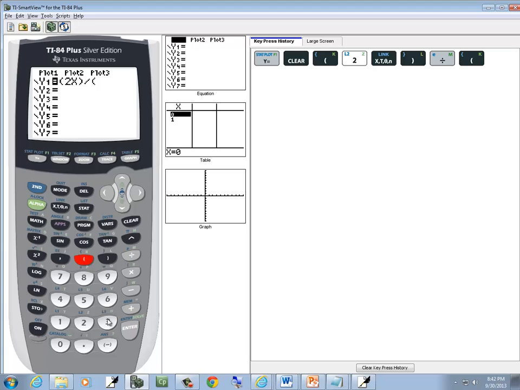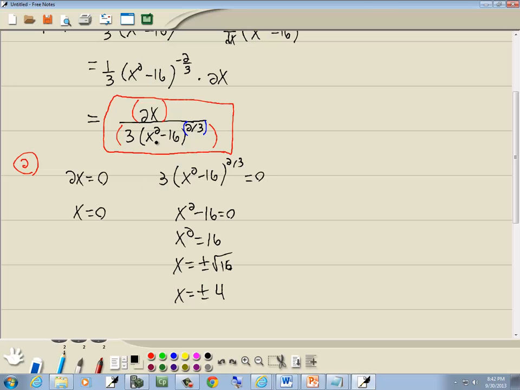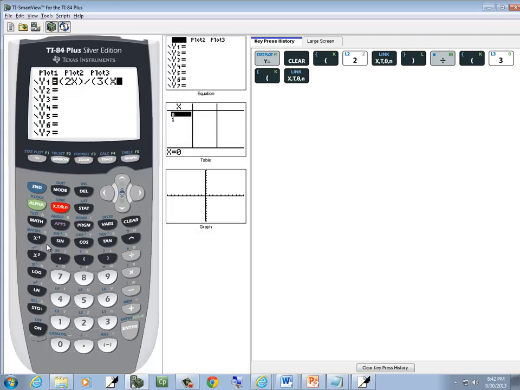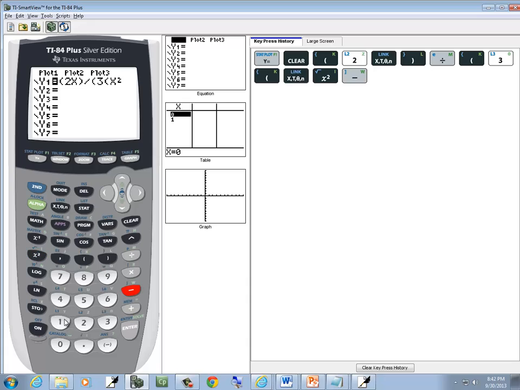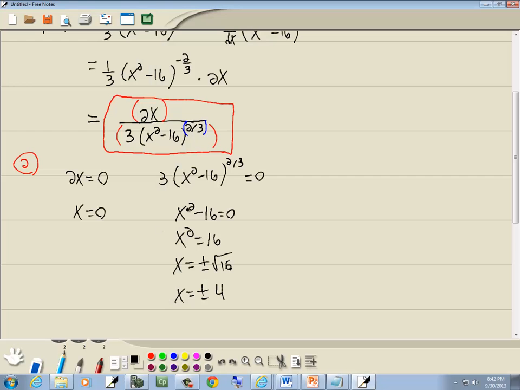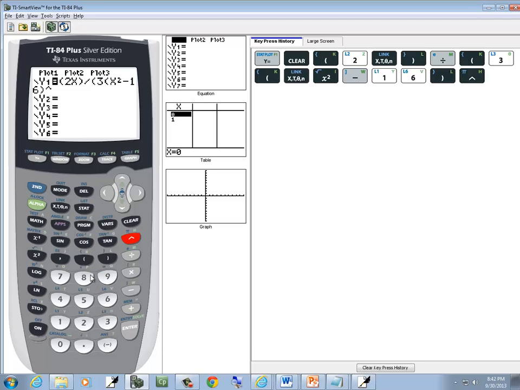Then 3, and then another beginning parentheses. X squared, so I do my x key, x squared, minus 16, close parentheses, caret for the exponent, and then we want 2/3, but we want to put a beginning parentheses. So you do beginning parentheses 2 divided by 3. Now if you want to put the closing parentheses at the very end, you can. The TI-83, TI-84 doesn't require it.